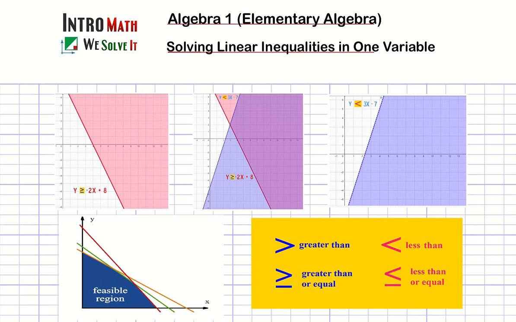This graph represents y greater than or equal to minus 2x plus 8, okay? So notice that there is a line, and the line is solid, right? You see that the line is solid. The line is sloping downwards, okay?